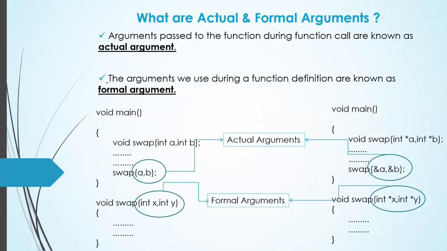As you can see on the screen, I have circled actual and formal arguments in both the examples. In both the examples, A and B are actual arguments, and X and Y are formal arguments.